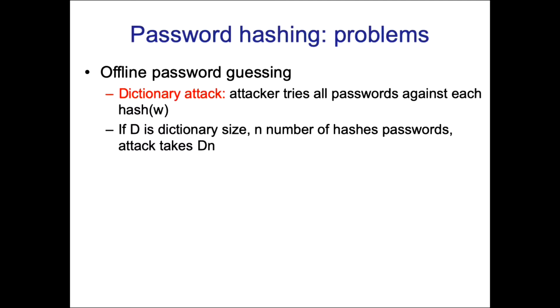What the attacker can do is, for every hash of a password, hash every word in the dictionary and see if it matches the hash. If it matches the hash, the attacker guessed the password. This is called a dictionary attack, and it's another class of attacks that's very common in security. They show up in many, many different settings in different forms. The idea is that you're enumerating elements of a dictionary to see which one works.